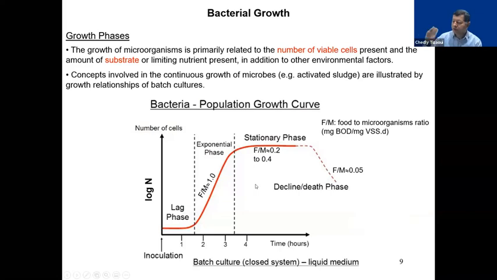So keep in mind that the food to microorganisms ratio is important, the rate at which the microorganisms grow is also important, and the rate at which the microorganisms decay is also important. Generally, you aim to operate your biological treatment reactor within this phase, where the food to microorganisms ratio is around 0.4.